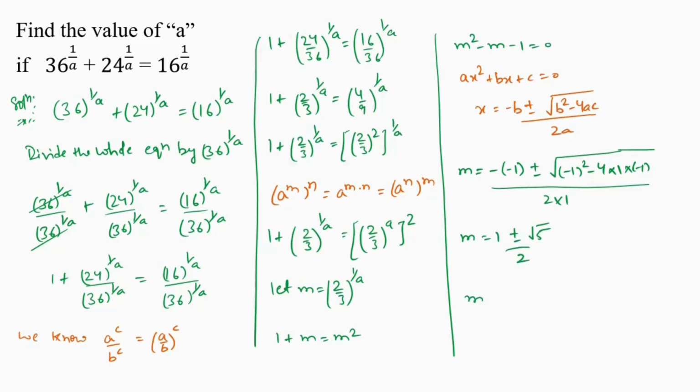So here we get two values of m. One is (1 plus root 5) divided by 2 and second is (1 minus root 5) divided by 2, which is a negative number, and we will reject this because we have assumed that m equals (2 by 3) raised to power 1 by a, which is a positive number.